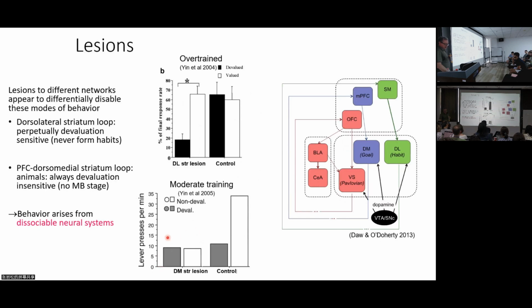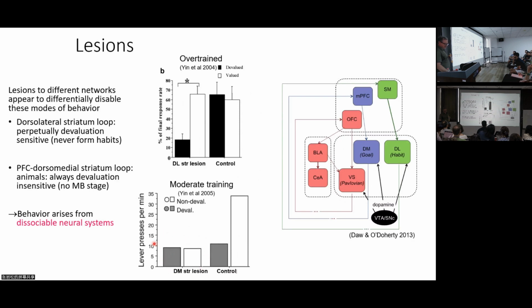where if you take them out, animals still learn to lever press. It's sort of ropey. But what they're learning is just the devaluation insensitive part, right?